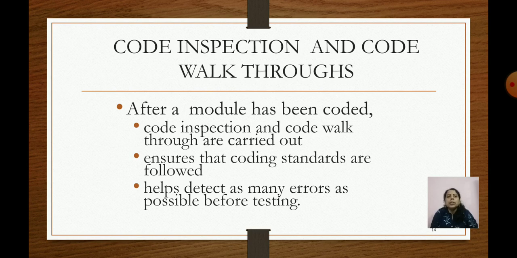Before testing, the programmer checks the code, identifies errors, and checks whether the programmer has followed the coding standard or not, or whether there are any errors in the coding.